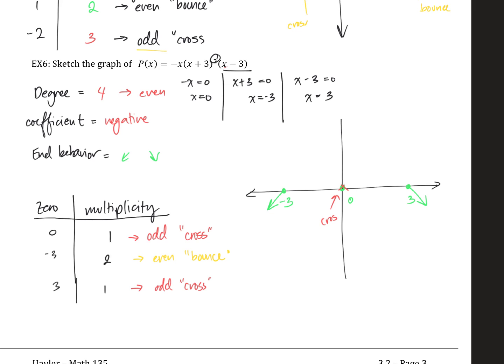So at the very end, which is negative 3, we know that it's supposed to be even, which means it's supposed to bounce. Okay, so it's supposed to bounce back. Aha! So then the 0, it's supposed to cross, which means we know it's going to cross up through here. And the last one, the 3, is supposed to cross as well.